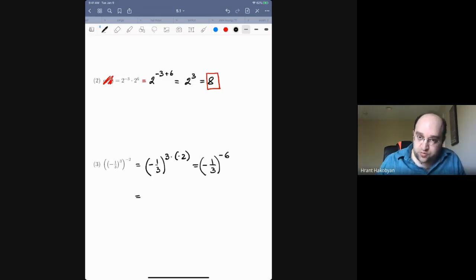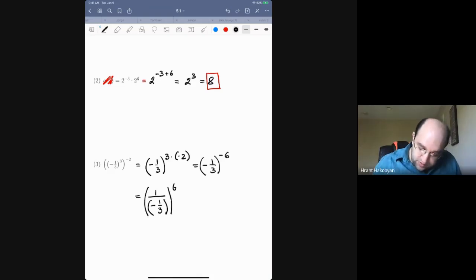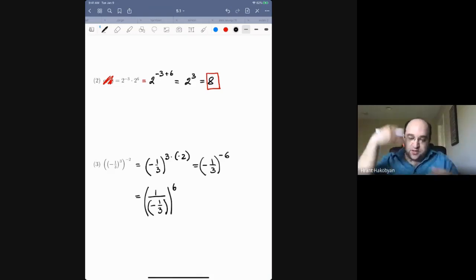If I raise it to power negative 6, it's the same thing as taking the reciprocal and raising it to power 6. So it's going to be 1 over negative 1/3, to power 6, right? I could have written it like this, 1 over the base to power 6.